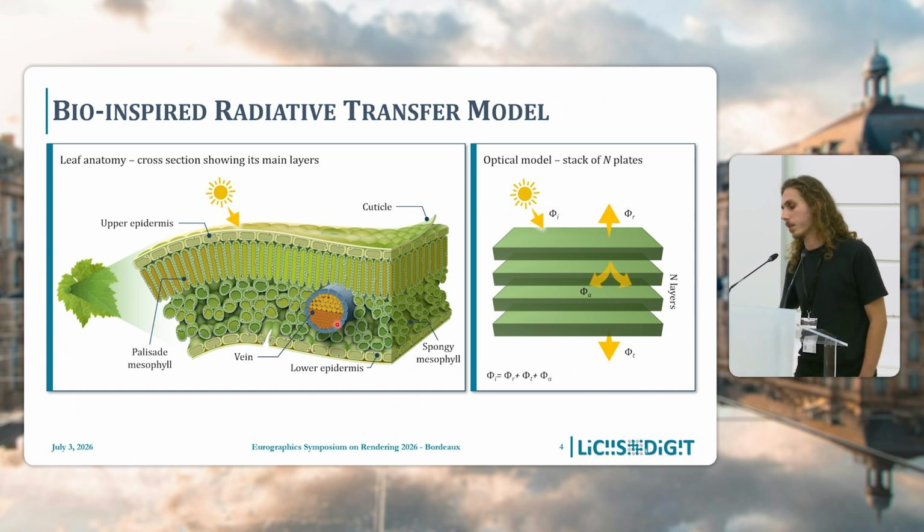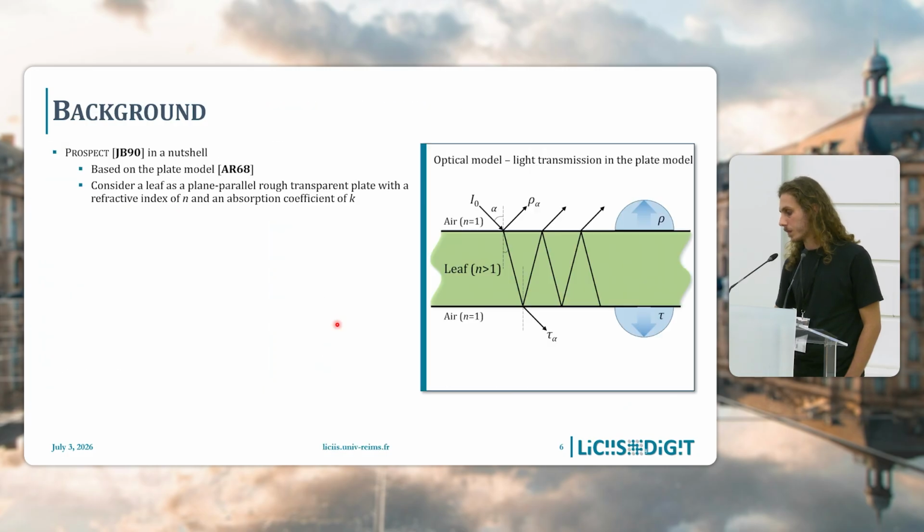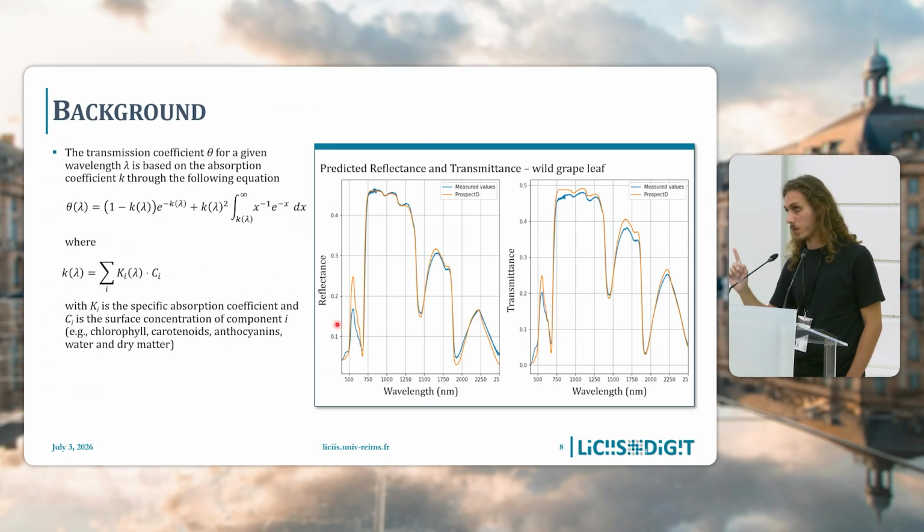Yes. What I was thinking is, you see the spongy mesophyll, you approximate this as a diffuse layer, with the measurements of the reflectance and so on. What about trying to do the simulation to get this reflectance curve? Something like a wave simulation.